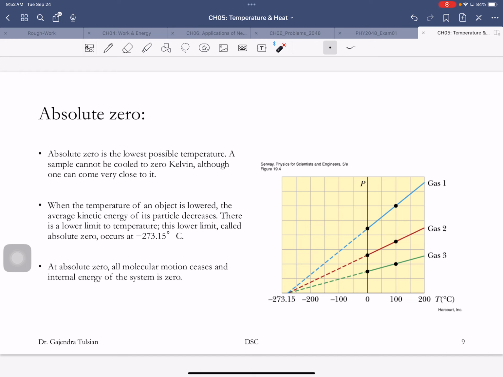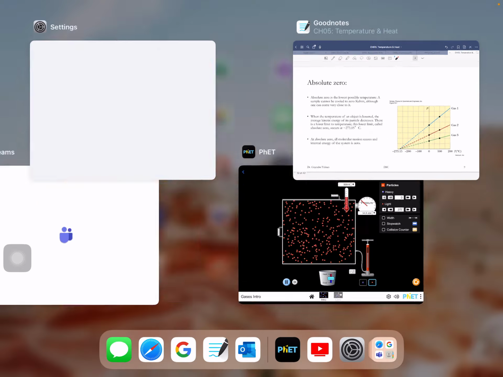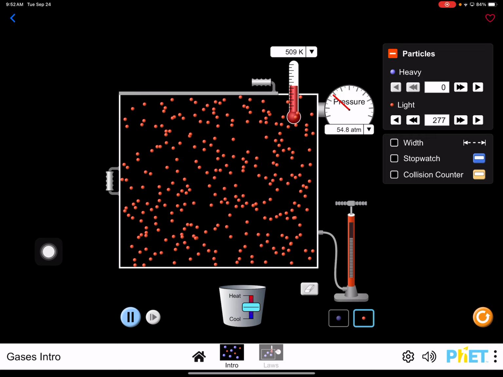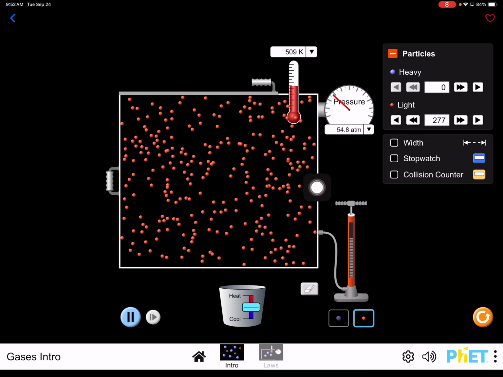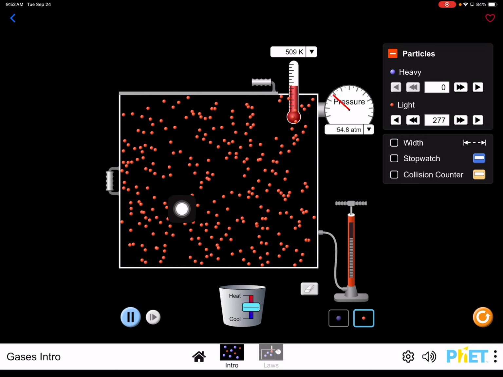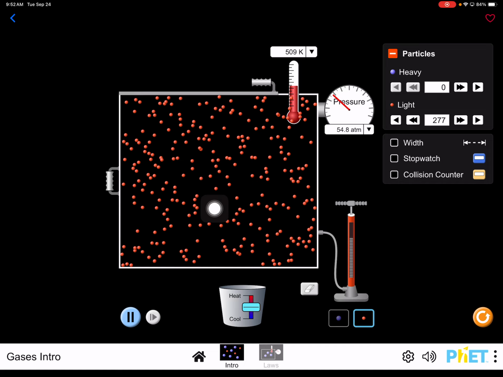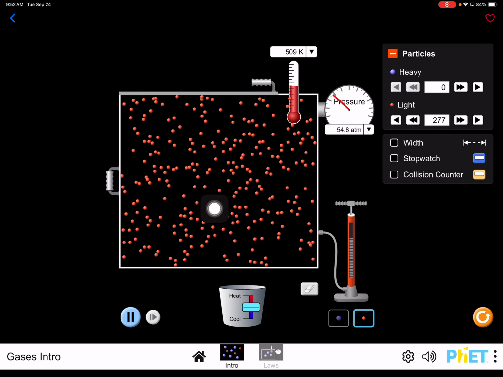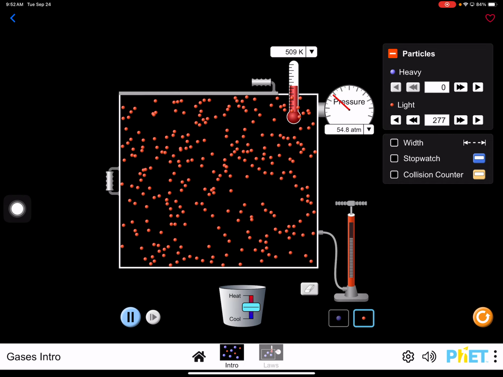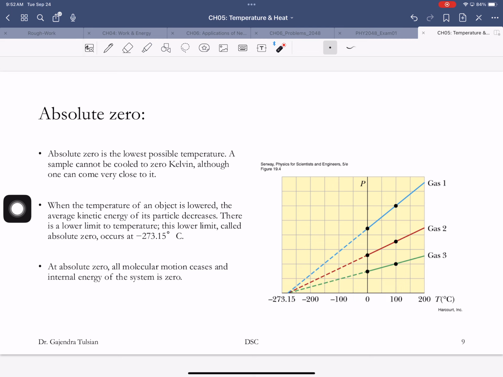They're all at the same temperature, and with more gas the pressure is higher. As you cool these gases, the pressure all goes to zero at the same point. The pressure is because these gas molecules are bouncing off the walls, and when they come to rest, they're not bouncing off the walls anymore, and the pressure has gone to zero. And that's how absolute zero was discovered.